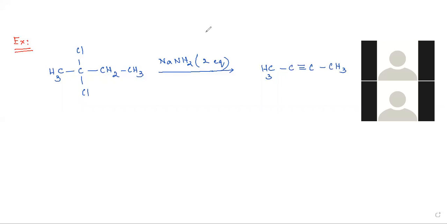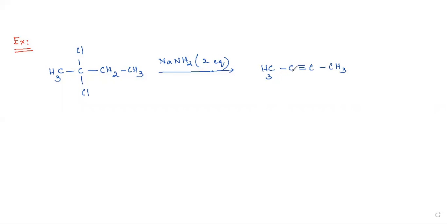Whereas when sodium, of course, this finally gets converted into, I mean, when these two chlorines go along with this, of course, we get a terminal one. But if the same sodium amide is taken in excess, this will finally get converted into a terminal one.